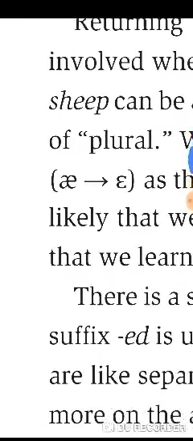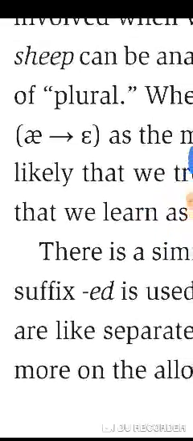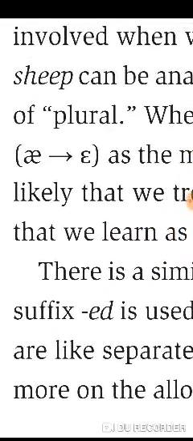Let us count it. So a is changed to e, like the word man, which is changed to men. So these are the examples of special cases in English in morphs and allomorphs.